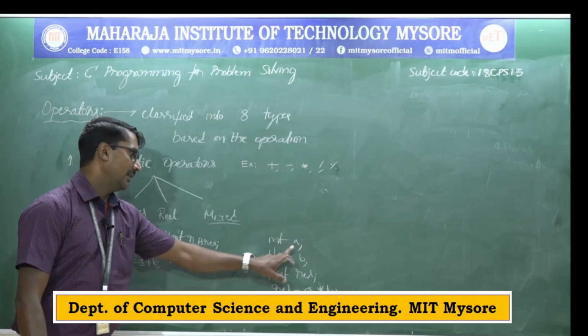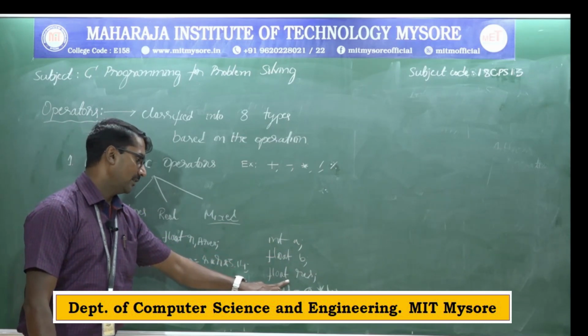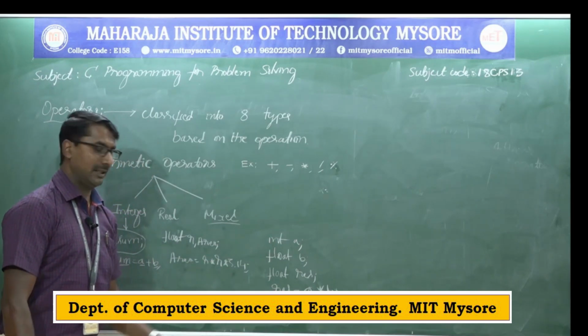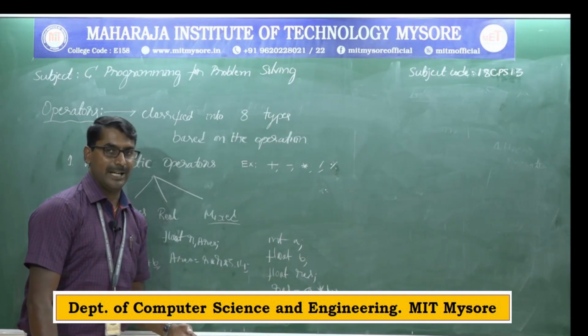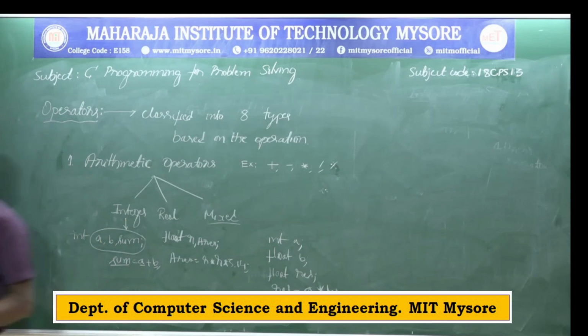In this example, A is of integer type, B is of float type, and result is of float type. Result is equal to A into B. It is a combination of an integer variable and a floating point variable. Okay, this is mixed arithmetic operation.